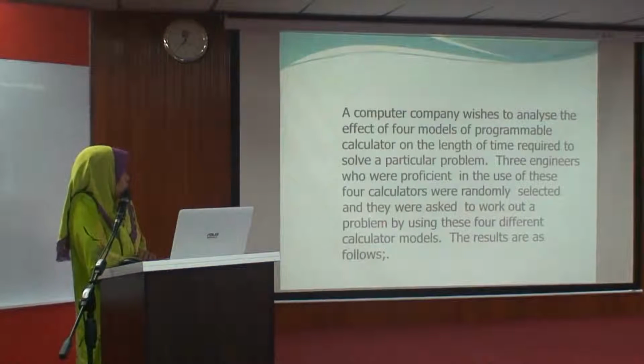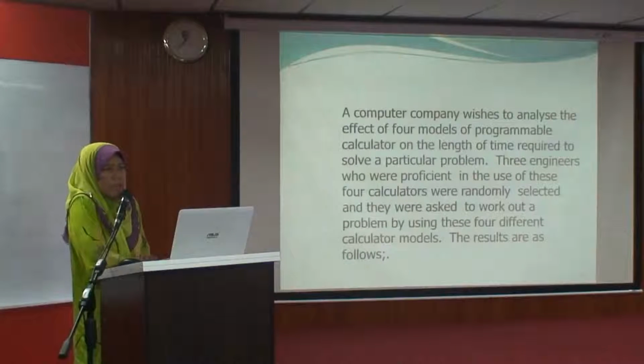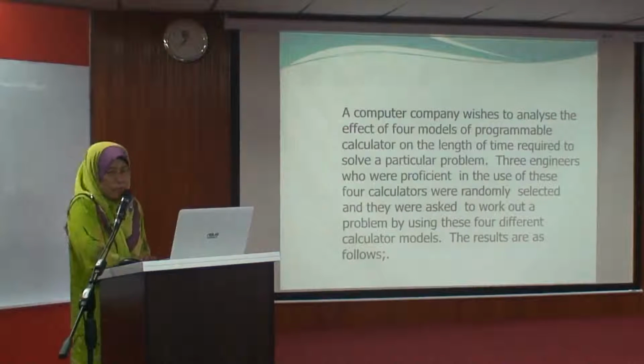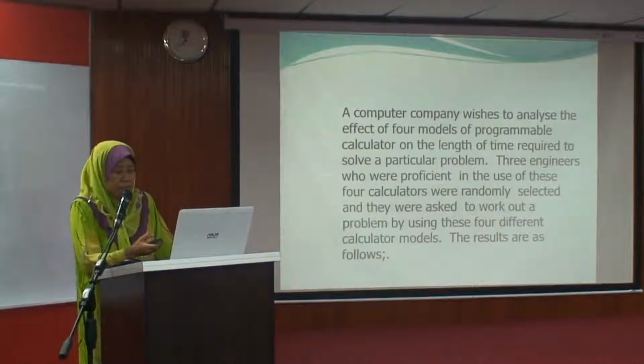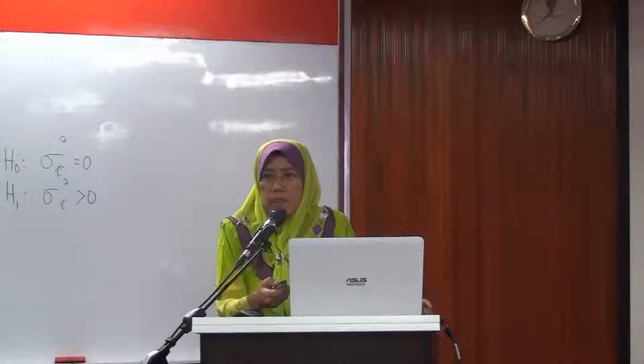I will say that the 4 models of calculators are randomly assigned to 12 engineers at random. So you see how I write the problem in such a way that it is suitable for a completely randomized design, for a completely randomized block design, and also for the repeated measure design.